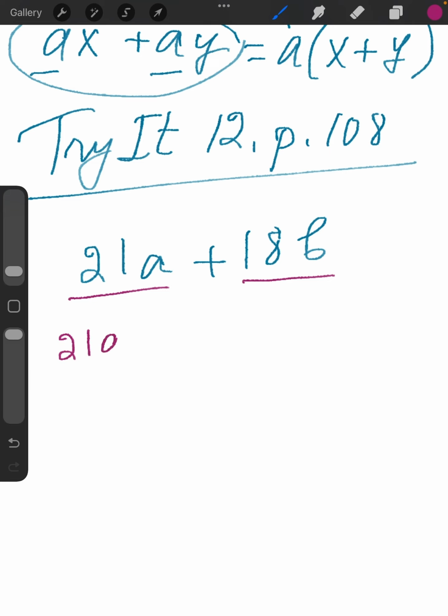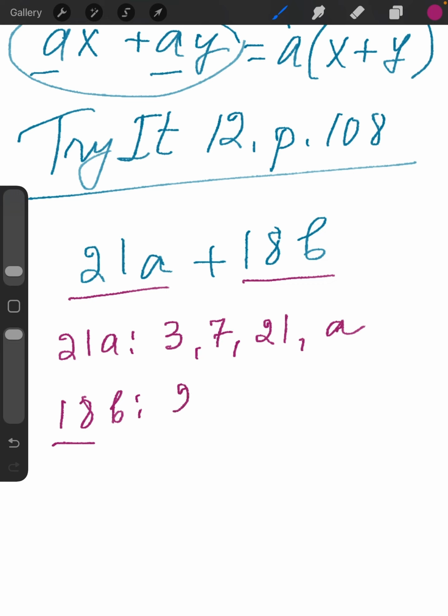So 21a, right? 21 has the factors of 3, 7, and 21, right? And then, of course, a, but a only has a. Okay, for 18b, let's factorize 18.